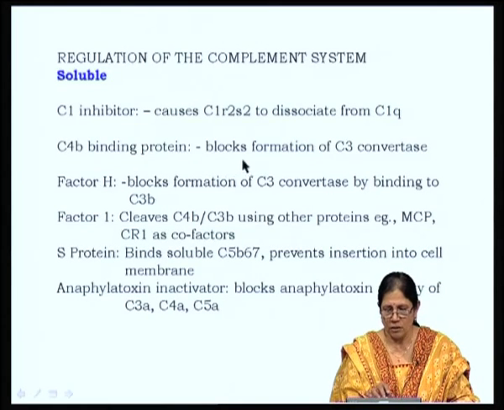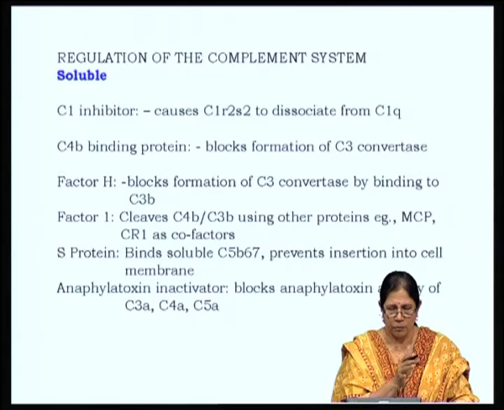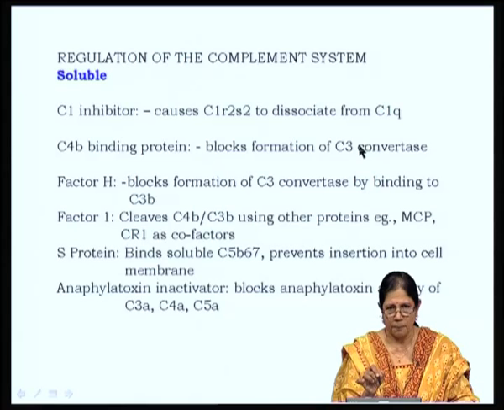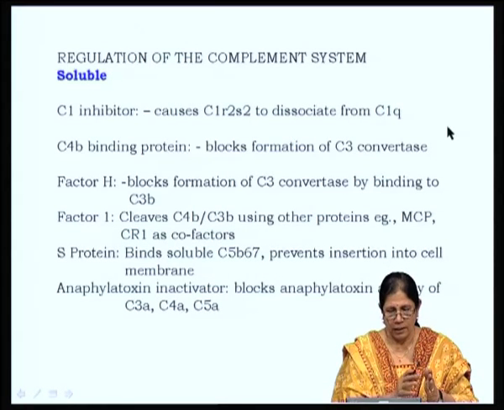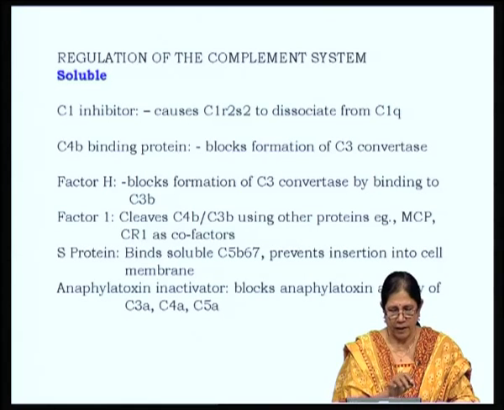C4b binding protein blocks the formation of C3; it binds to the surface of C4b, which should recruit C3, and therefore now the enzyme is not allowed to act. Factor H blocks formation of C3 convertase by binding to C3b. Factor I cleaves C4b and C3b.